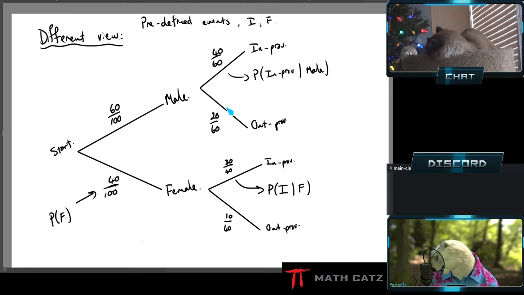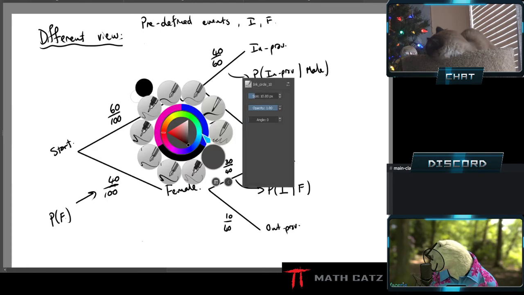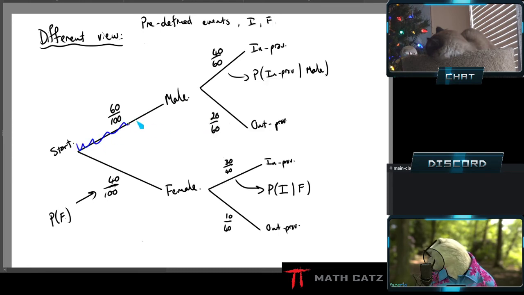All right. So this tree diagram maps out all the different things that could happen. For example, if I follow this blue path, that is going to be my sequence when I've selected an out-of-province male student.